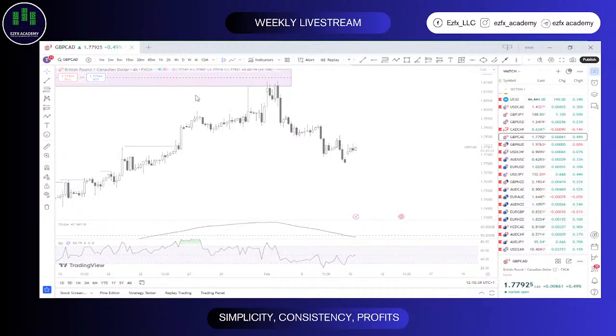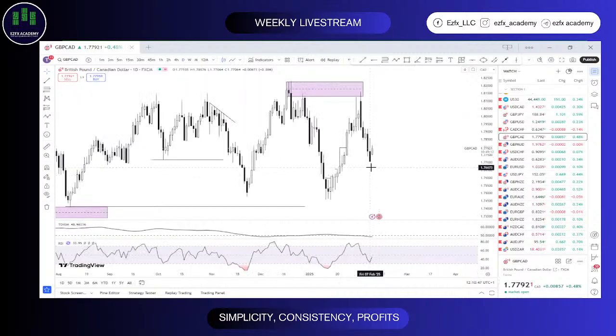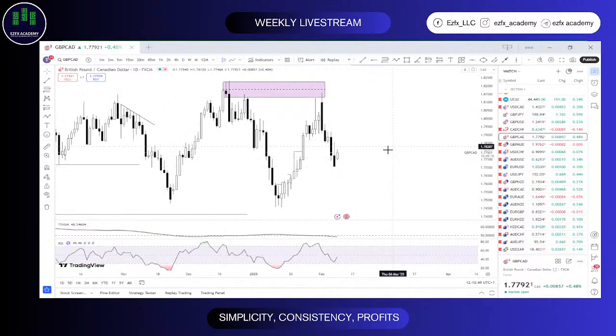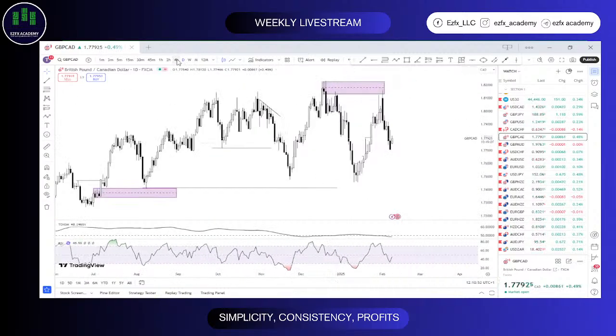All right, so this is GBP CAD on the daily time frame. I'm not sure if we talked about this during our last session. I really am not sure. So let's see what exactly we should be expecting on the daily time frame. Oh, okay, 4 hours.